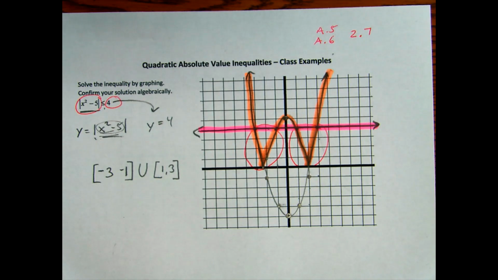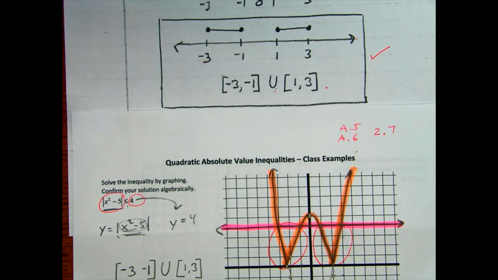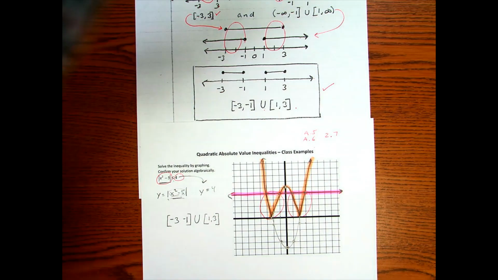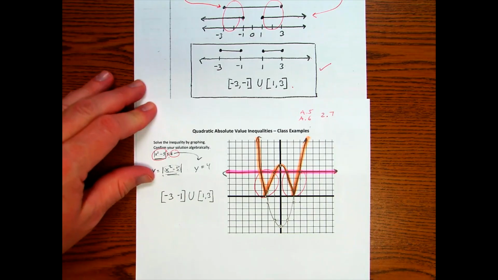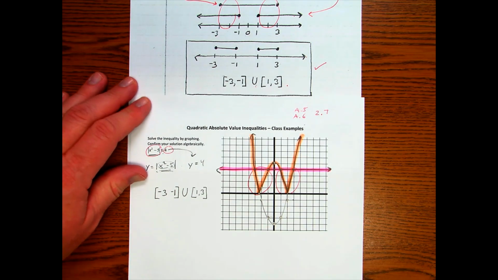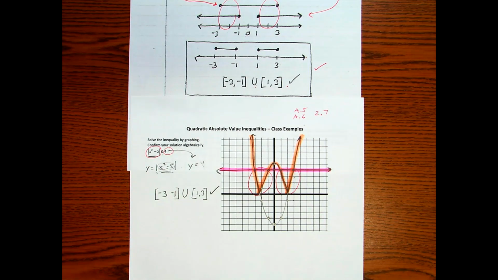Let's take a look at what we did earlier. See if we can get this all on one screen. Slide something out of the way here. All right, so our algebraic solution, our graphical solution, and you can see that they're both the same.